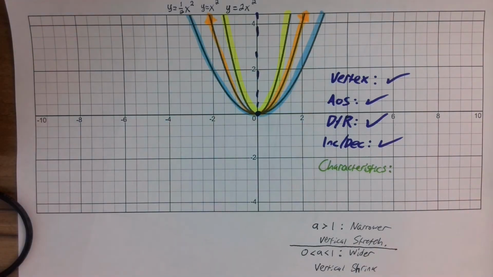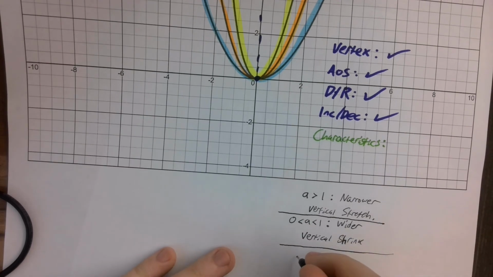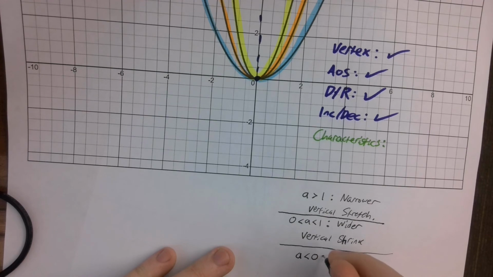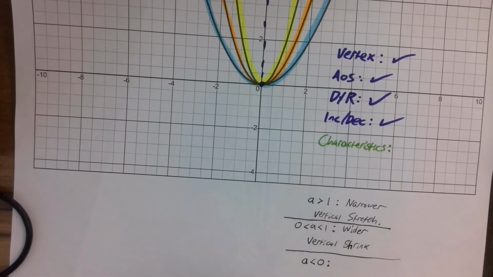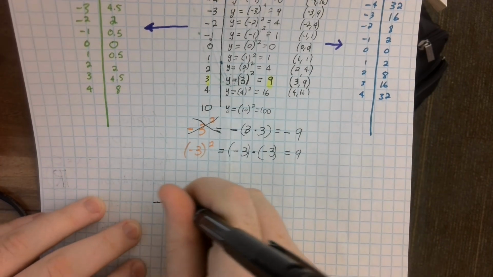Here's a question for you. What do you think is going to happen when our a value is less than 0? When our a value is negative? To answer this question, I recommend you make one last table.